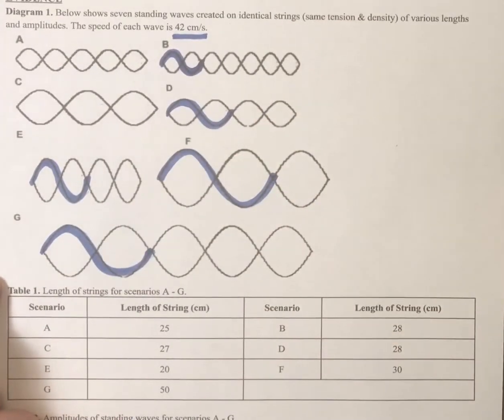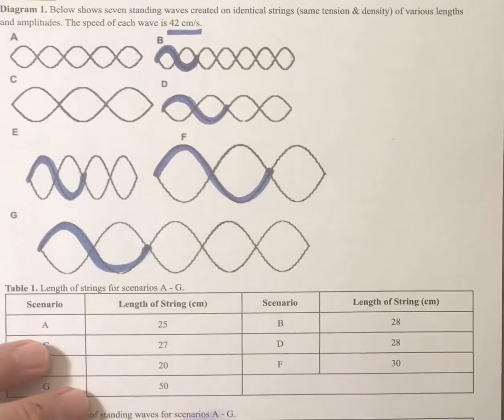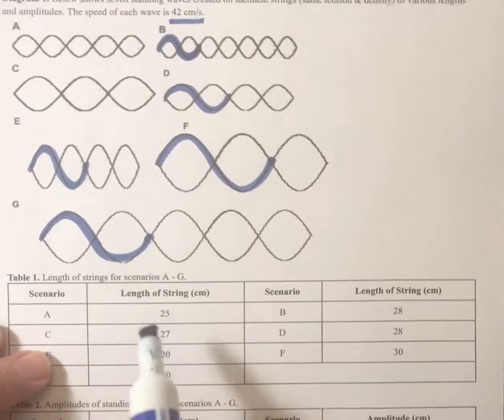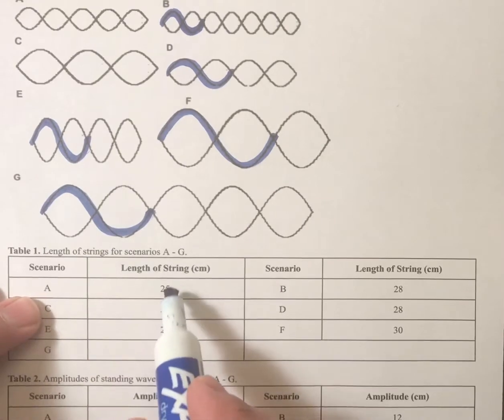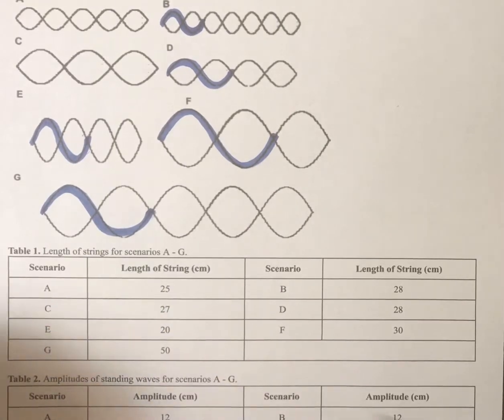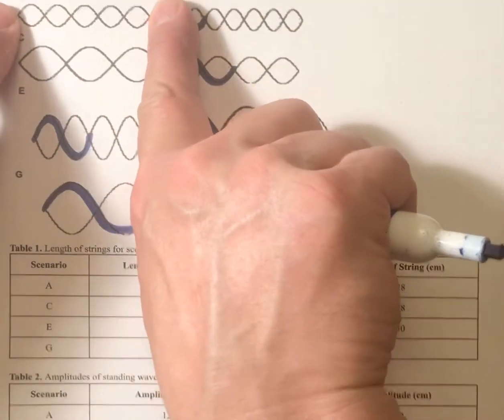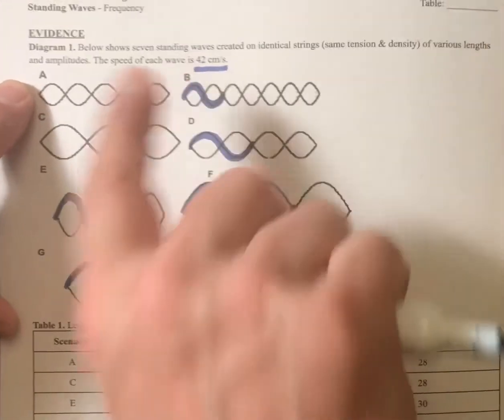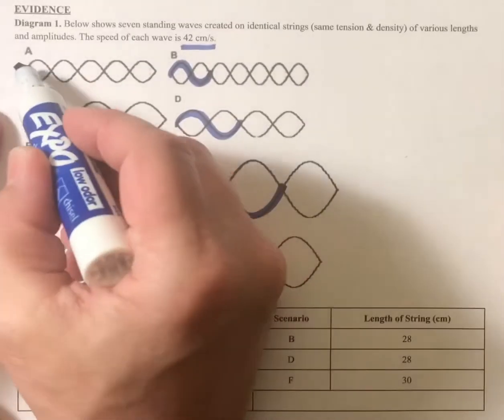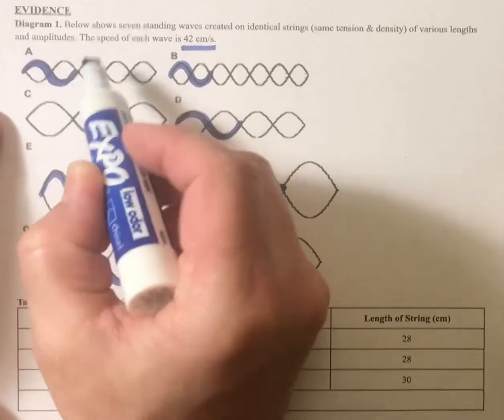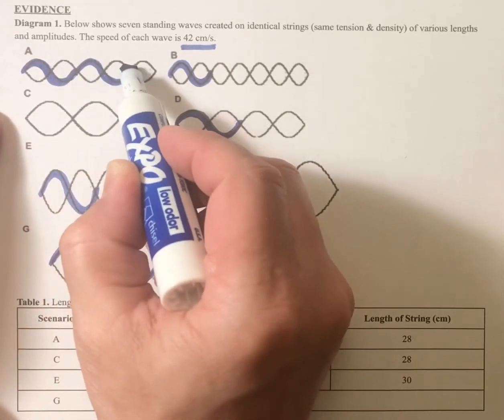But if you look down here in this table, for example, in A, it says the length of the string is 25. So we know that this distance is 25. But look at how many cycles there are. There's 1, 2 and a half.